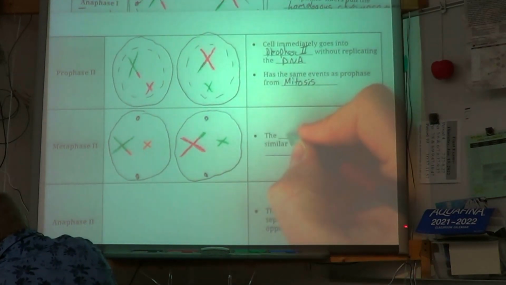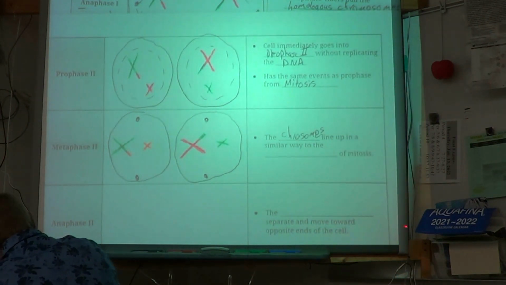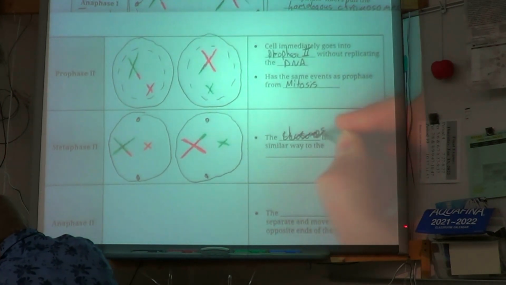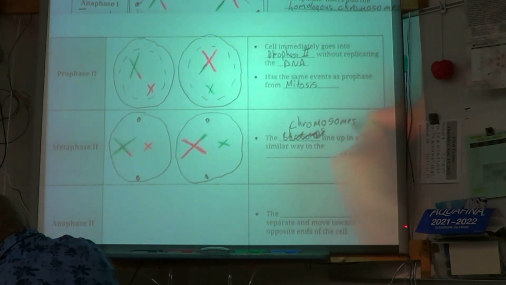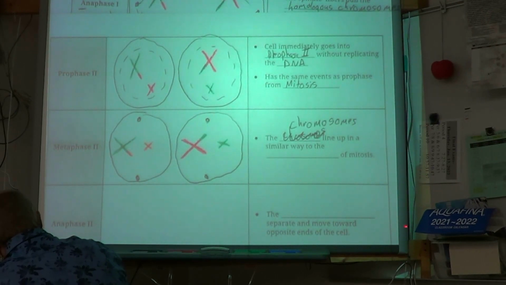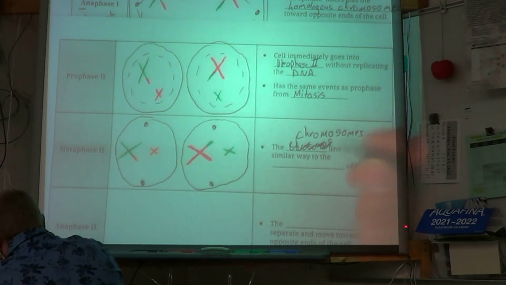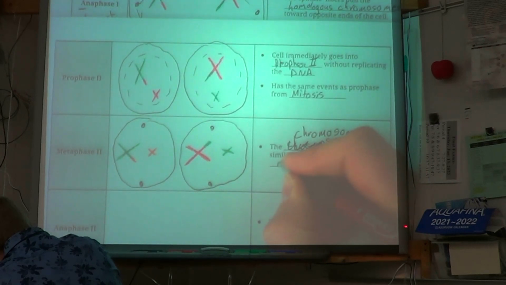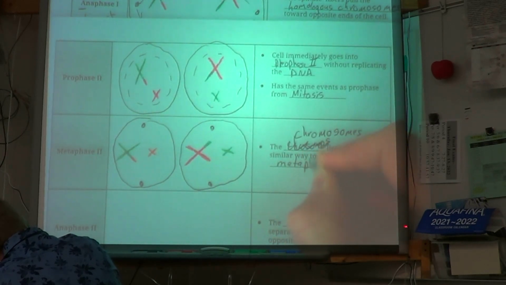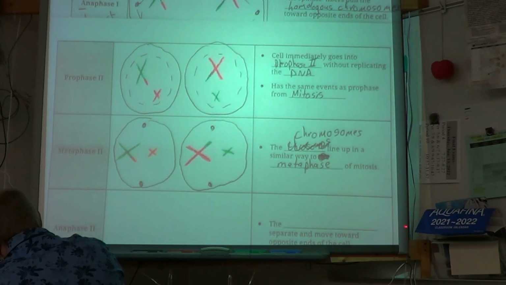So what happens? The chromosomes line up in a similar way to metaphase of mitosis.